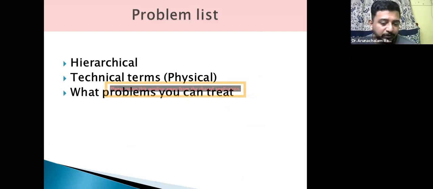So after this, you are coming to a problem list. Okay, the problem list should be hierarchical using technical terms. I told you that the chief complaint should not have any technical terms, but the problem list should have technical terms. What problems you can treat should only be in the problem list.